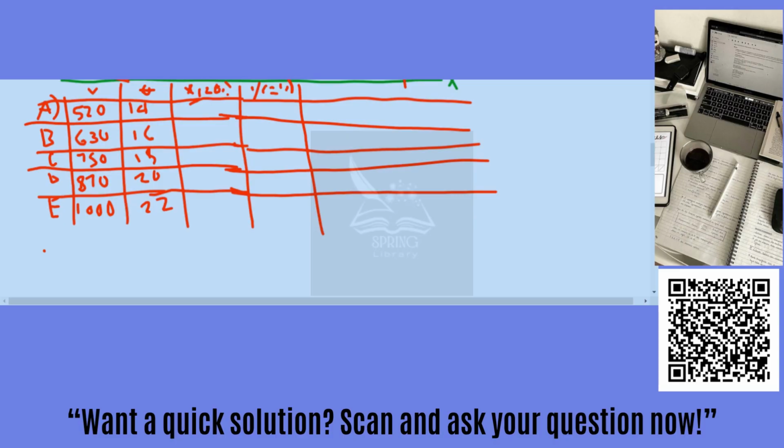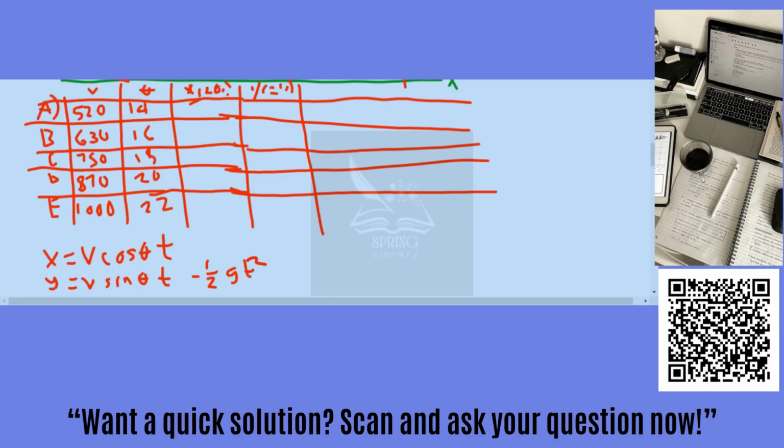Well, x equals x initial, which is 0, plus v cosine theta times t, and that's it. Y is going to be y initial, which is 0, plus v sine theta t minus 1/2 g t squared.